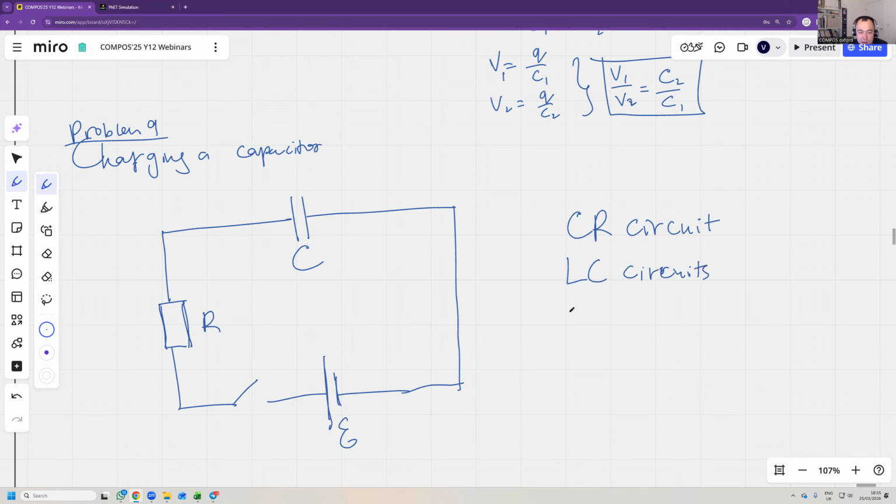We will be studying LR circuits. Well, not really LR circuits. Well, yeah, LR circuits. And we will be studying LCR circuits.